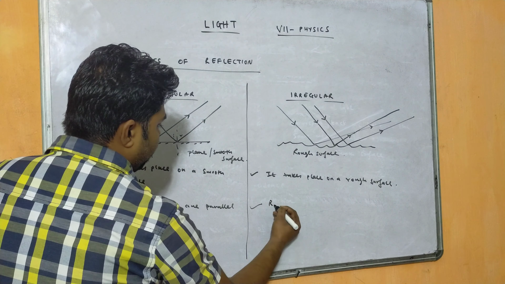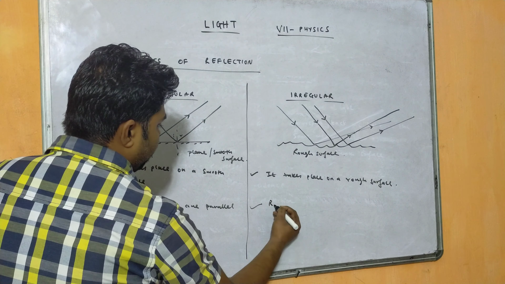One more difference you can write here: in regular reflection, images formed are very sharp and clear. Here in irregular reflection, no clear images are formed.